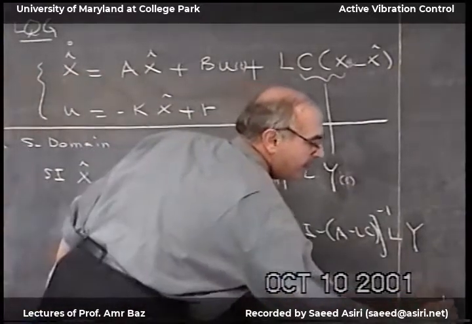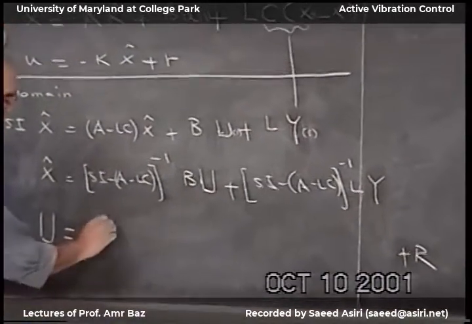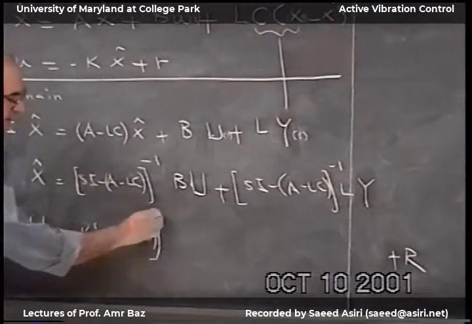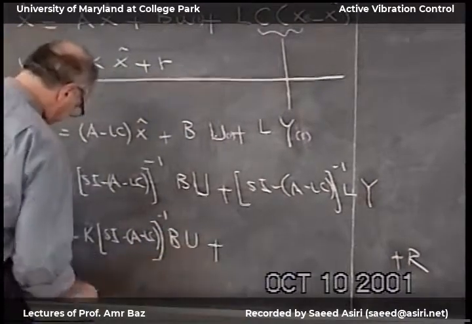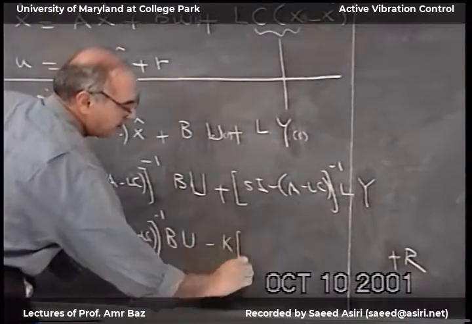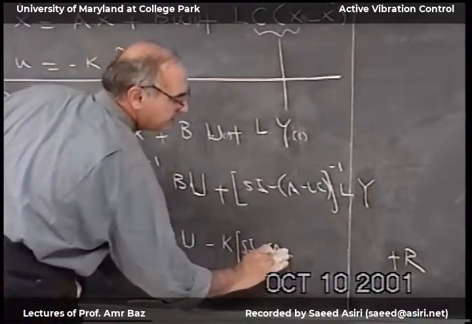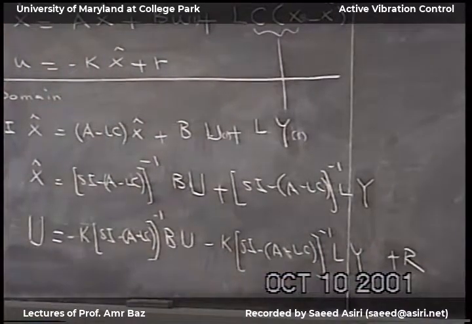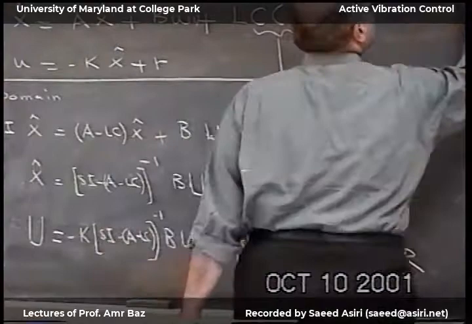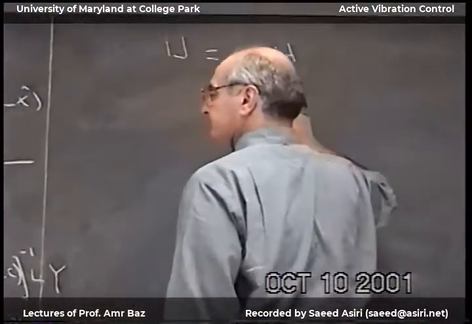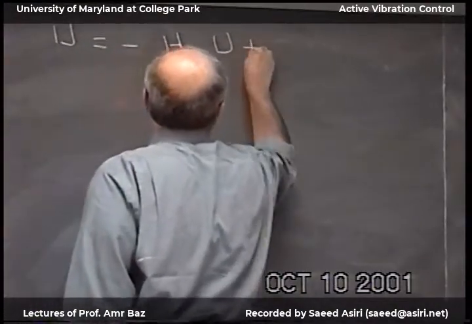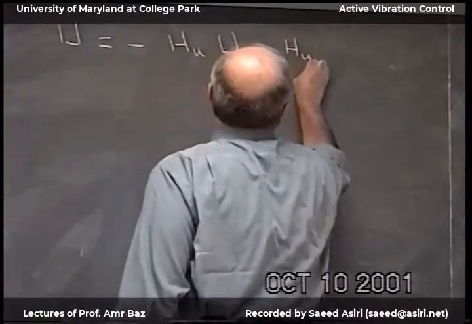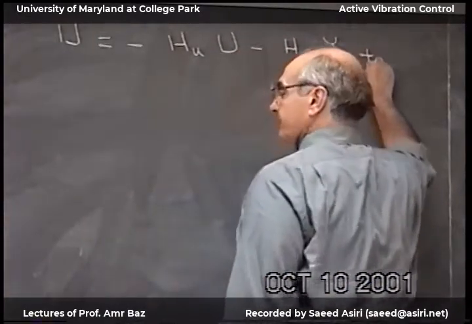So I have here plus r, and then I have minus K sI minus A minus LC inverse B and U minus K sI minus A minus LC inverse and L and Y. And I'm going to say that U now is equal to minus H_U times capital U minus H_Y capital Y plus R.